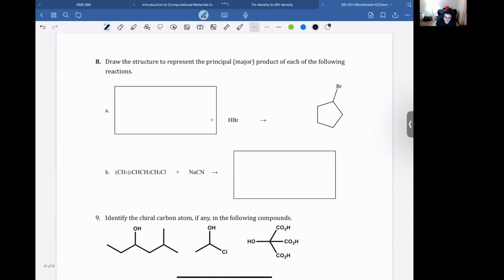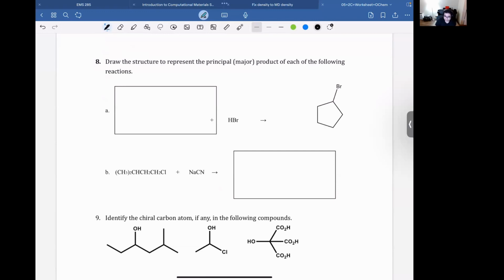Number 8, it says, draw the structure to represent the principal major product of each of the following reactions. So this is saying, I take something and I add HBr, and I get this. Now, for those of you who take OChem, there are at least two reactions that I can think of off the top of my head that do this.